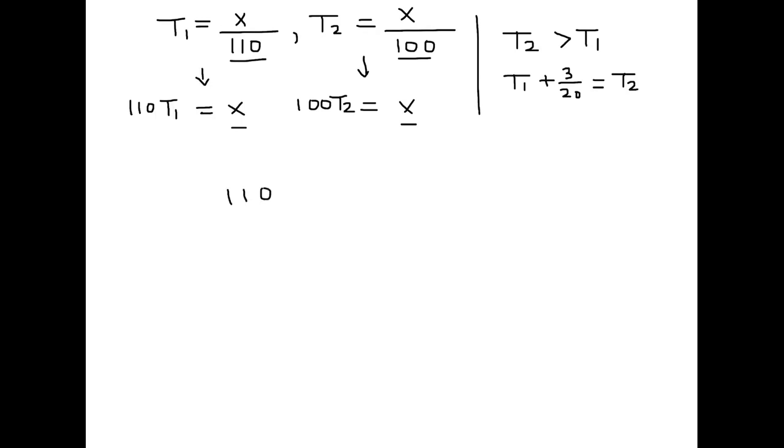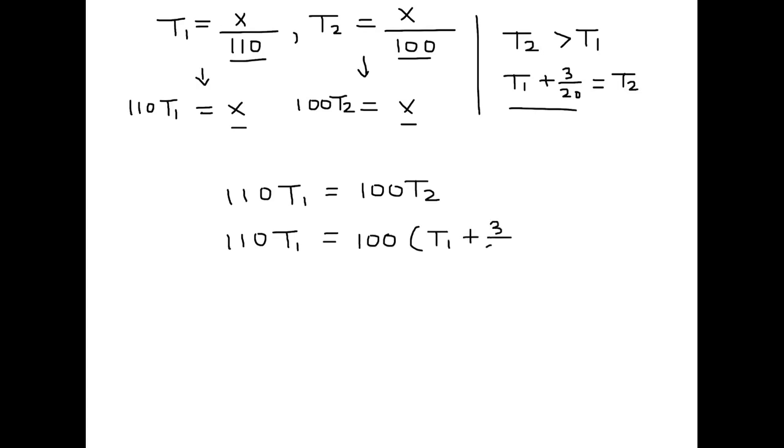So that means 110 T1 is equal to 100 T2. And then substitute this. So we get 110 T1 is equal to 100 times T2, which is T1 plus 3 over 20.